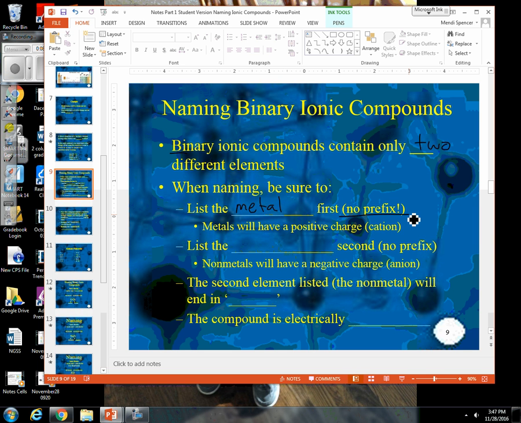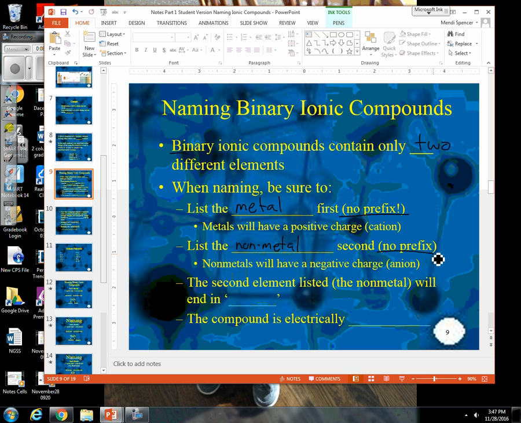Now, just keep in mind that your metals have a positive charge. After you list your metal name without a prefix, you will then list the non-metal name. And once again, you will not put a prefix on it, no matter how many non-metal elements you have.